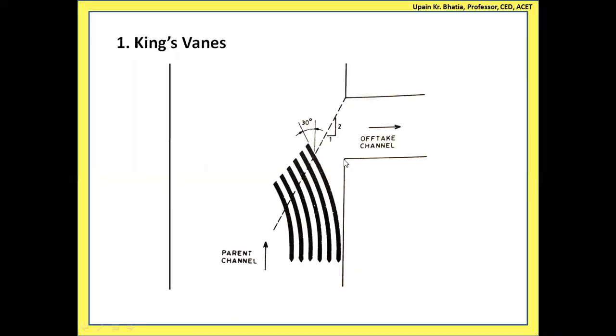This point is towards the upstream side of the parent canal, and this is towards the downstream side of the parent canal. This point is taken as reference, and from this point towards the upstream of the parent canal, one dotted line is extended at the slope 2:1. Here 2 is along the flow, along the parent canal, and 1 is perpendicular to that.